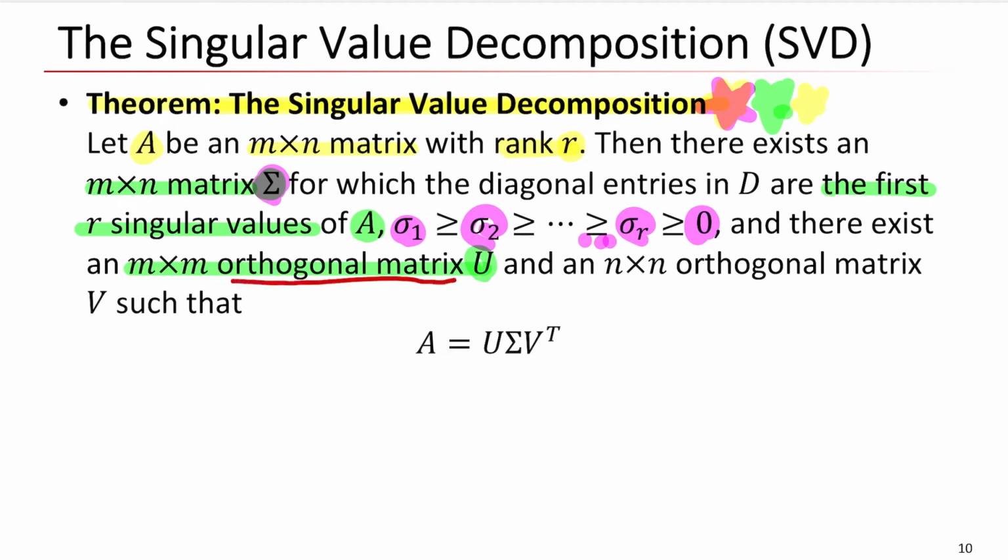Do you know the orthogonal matrix, right? We discussed this last week. What was that? If the matrix U is an orthogonal matrix, it satisfies this condition. It means that the columns of the matrix U are orthogonal to each other.